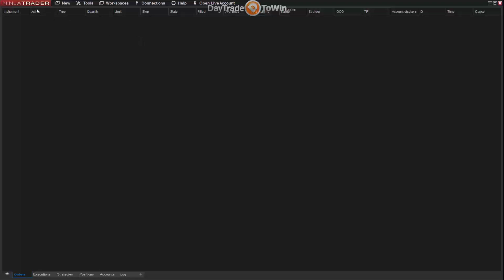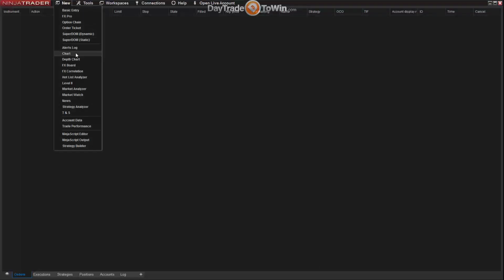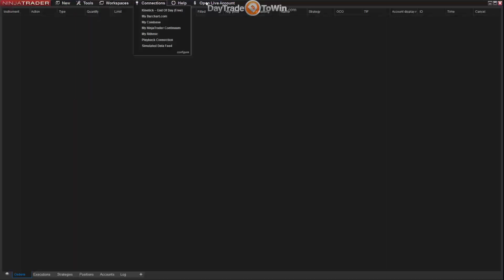In any case, this is called the control center, and I think of it as the main headquarters of NinjaTrader. This is where you would go to do just about anything from opening a new chart or a Superdome or the trade performance window for tracking your practice performance to a number of things.